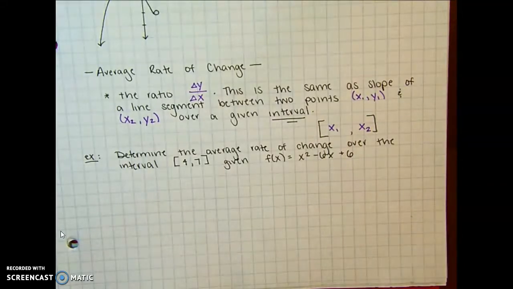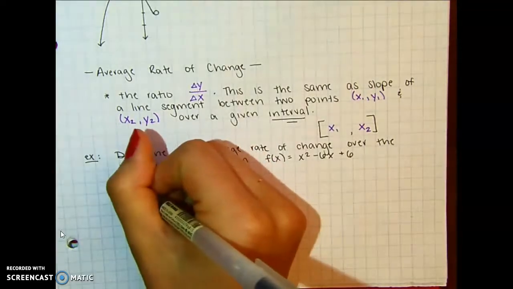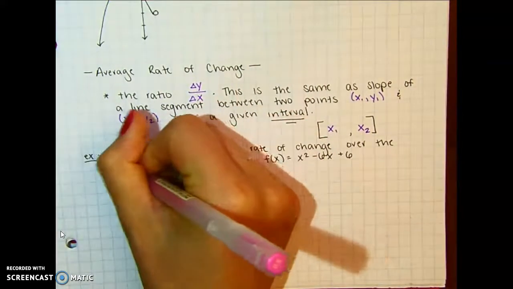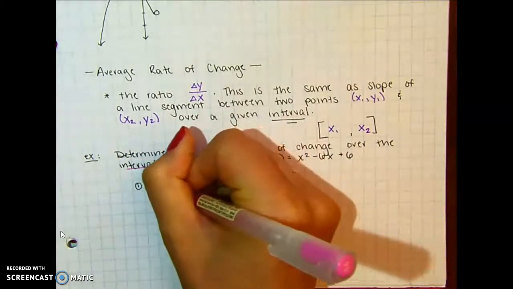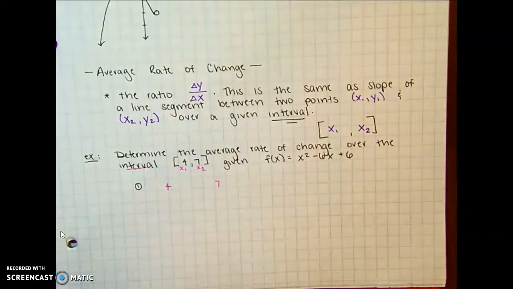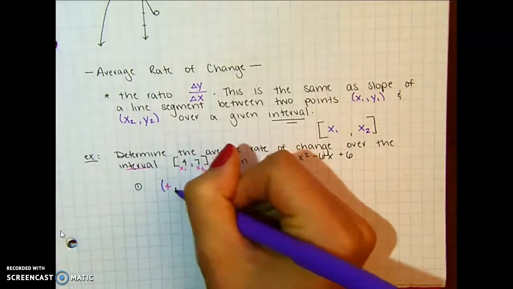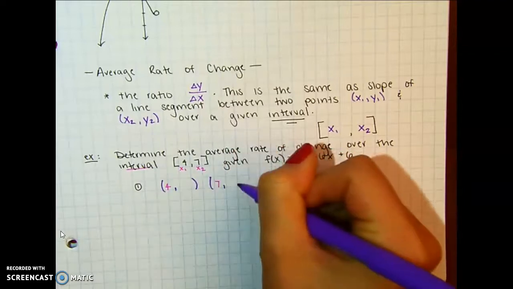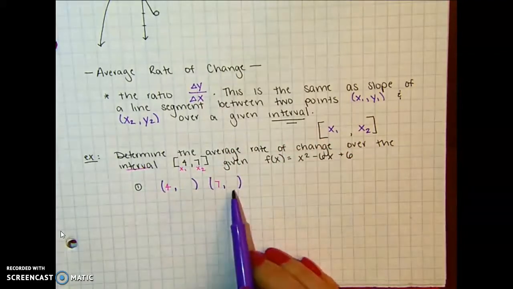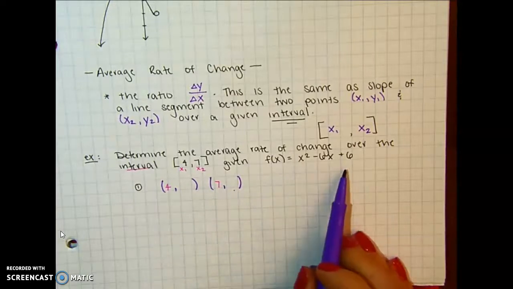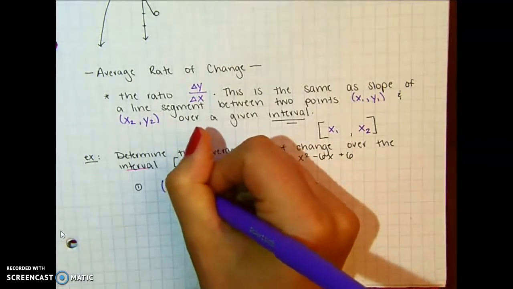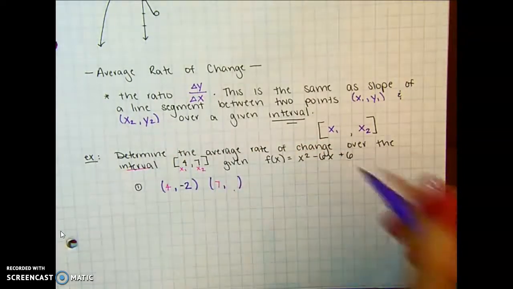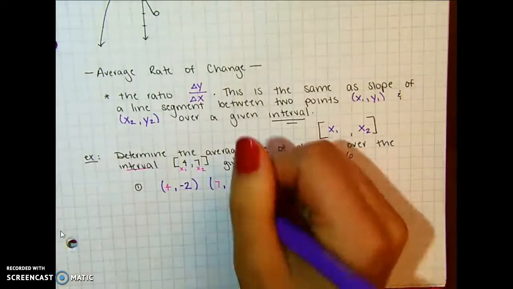So the first thing you want to do is figure out your coordinate points. If this is the interval, then this is x1 and this is x2. So I know one of my coordinate points is (4, something), and my other coordinate point is (7, something). To figure out the y values, I'm going to substitute 4 into my equation, and I believe you get -2, and then substitute 7 into our equation, and I believe you get 13.